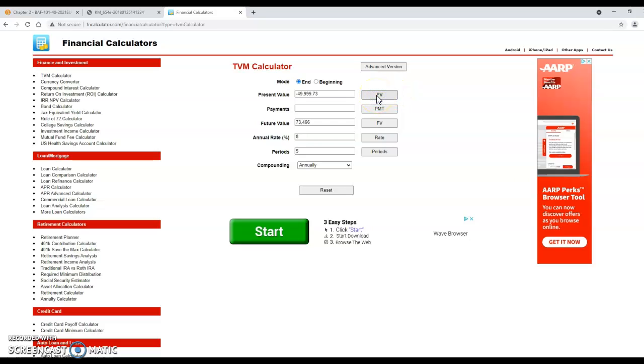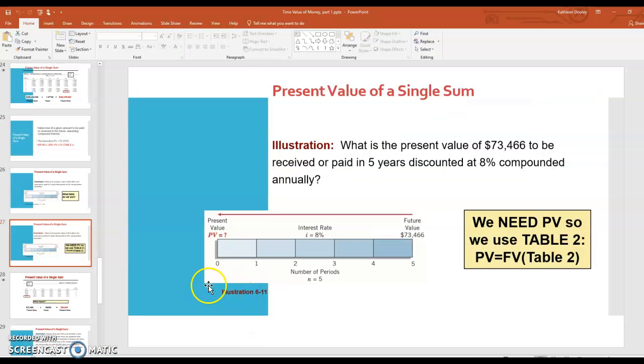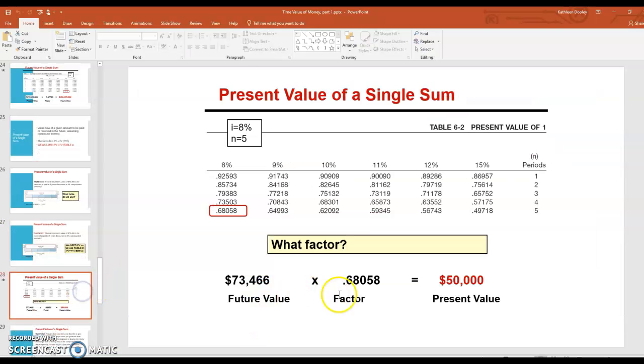So I hit the present value. Again, you ignore the negative sign, and we get close to within a number of cents of 50,000. And we see here that that's the answer that we got with our tables.